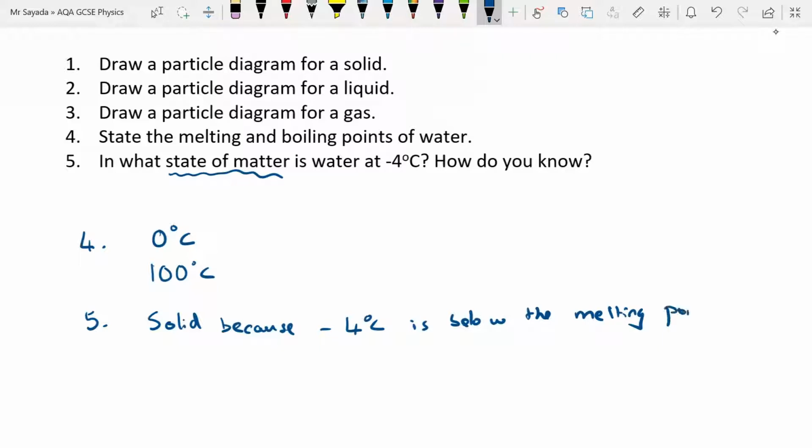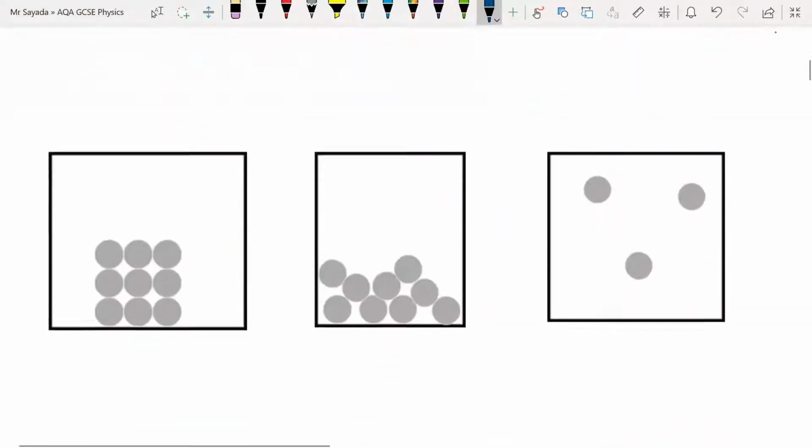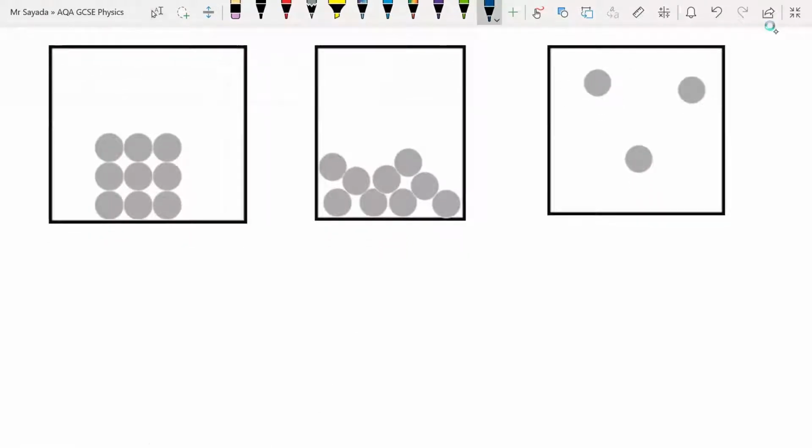For questions 1, 2, and 3, the particle diagrams, they are here. So this one over here is a solid, this one is a liquid, and this one is a gas. So just a few rules for when you're drawing these particle diagrams. When you draw the particle diagram for a solid, have at least 9 particles.